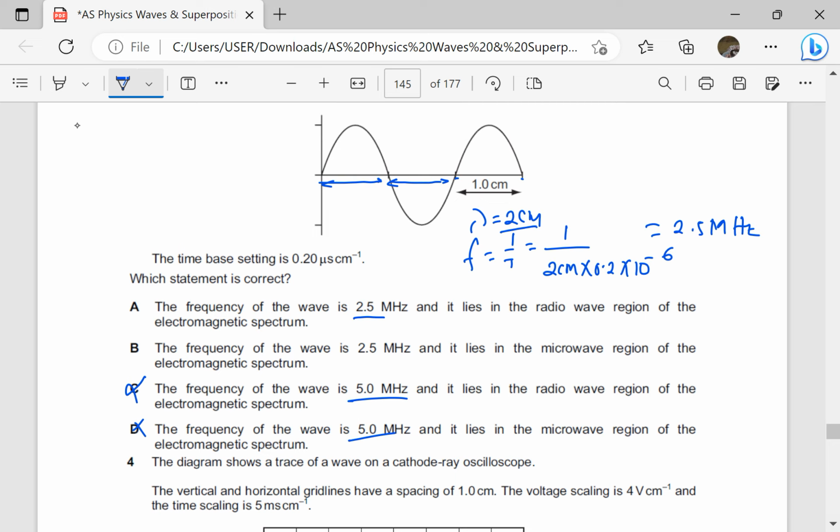Because the wavelength is 2 centimeters, 2 centimeters is 0.02 meters, that is 2 times 10 power negative 2.